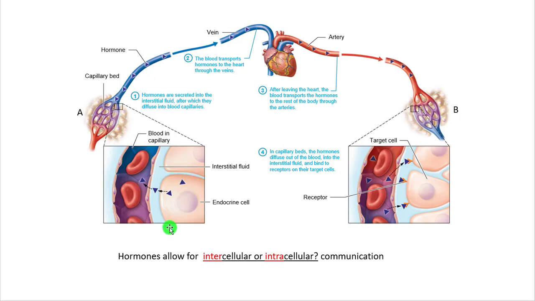Let's say we have some disease and this endocrine cell no longer produces this hormone. Maybe it's your thyroid, maybe it's your ovaries, whatever. If this endocrine cell no longer produces this purple triangle, in some cases, doctors can just give you replacement hormone. In other cases, there's no exact replacement hormone.